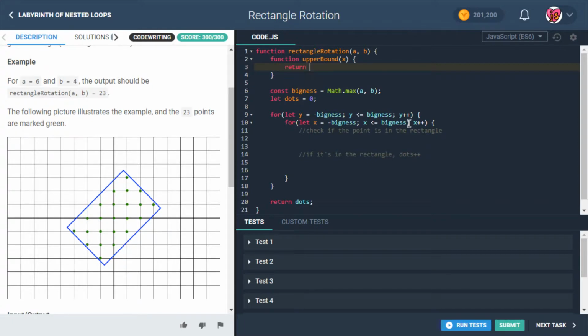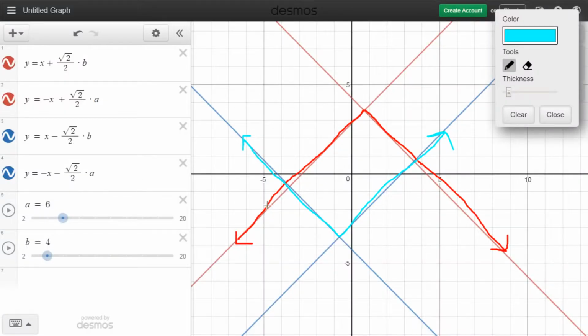And all we need to return here is just Math.min. It was Math.min for the upper bound, right? Math.min of this equation and this equation over here. So we'll take in the x, we'll return the Math.min of x plus root 2 over 2 times b, and negative x plus root 2 over 2 times a. Cool, let's do that.